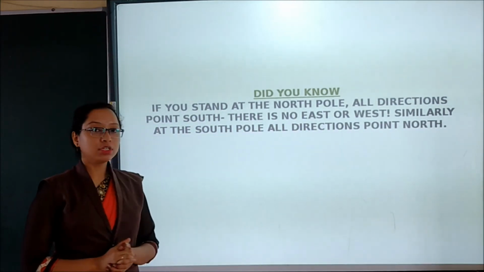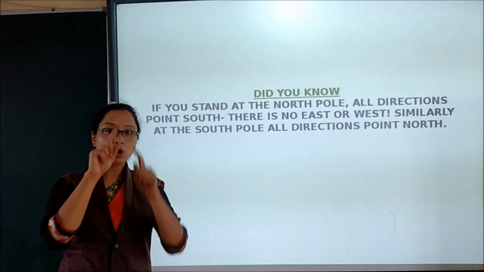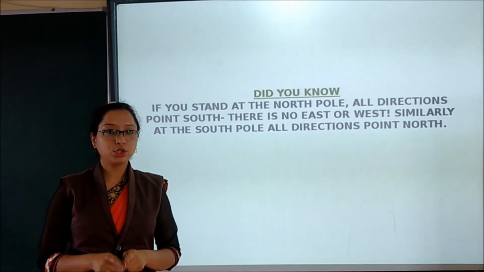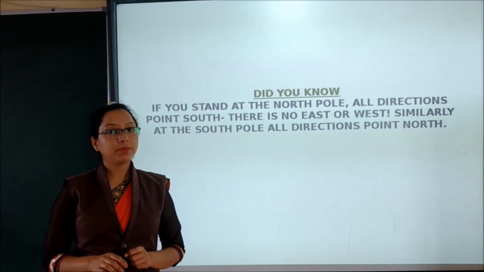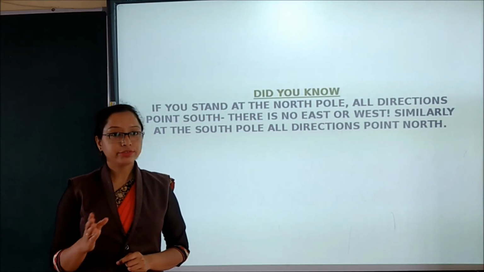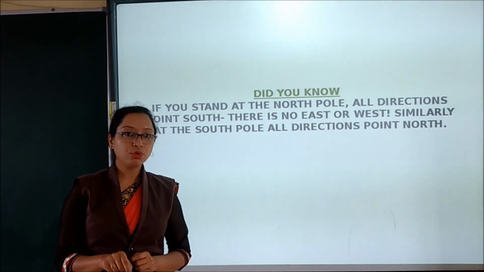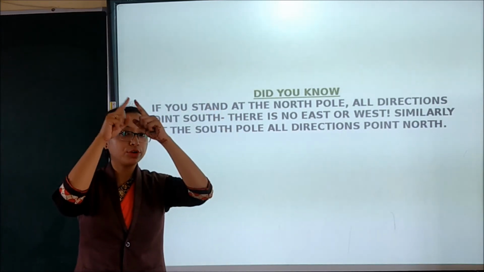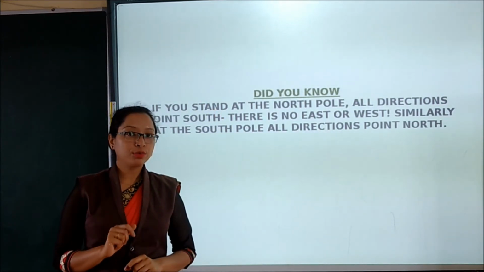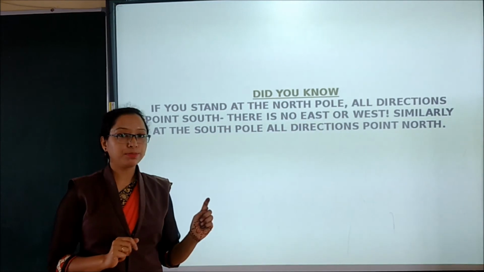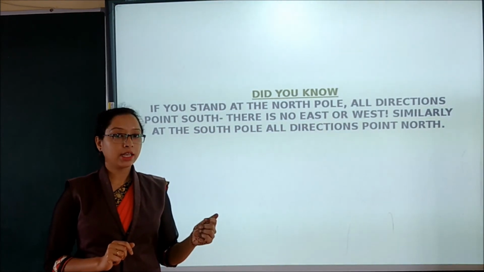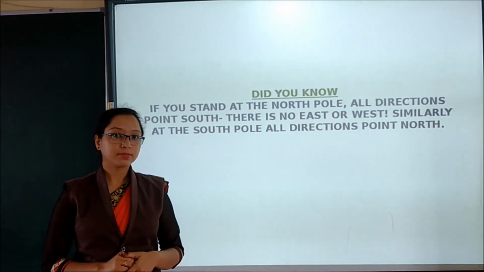Means, if you stand at the North Pole, all the directions will be pointing towards the south. There will be no east and no west. And similarly, when we stand at the South Pole, all the directions will be pointing towards the North Pole. So this is an important and amazing thing about the poles.